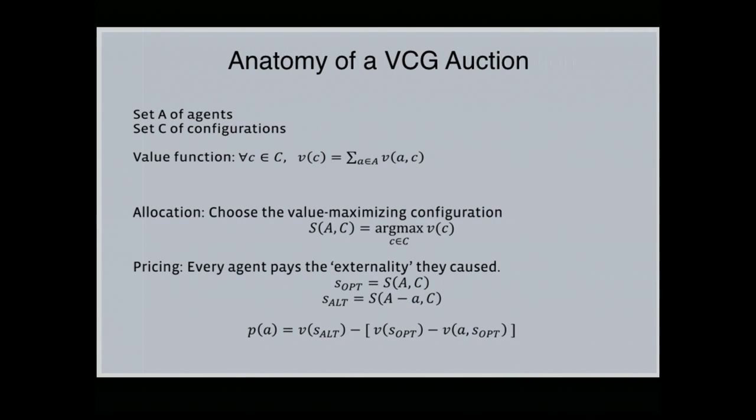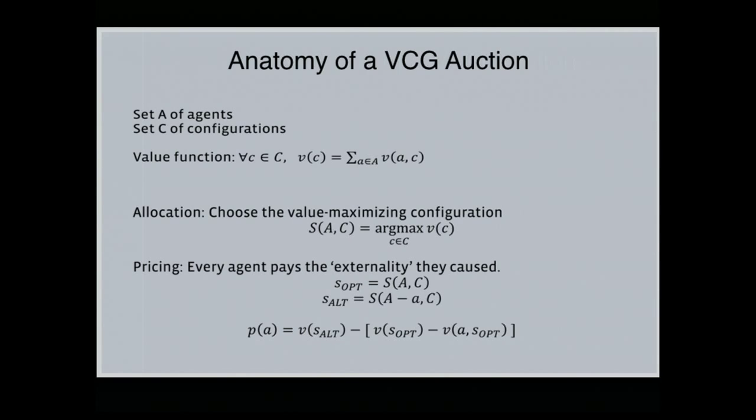Very quickly, this is just describing VCG, in our context. We have some set of agents and some set of configurations, which are just possible allocations that we could have.